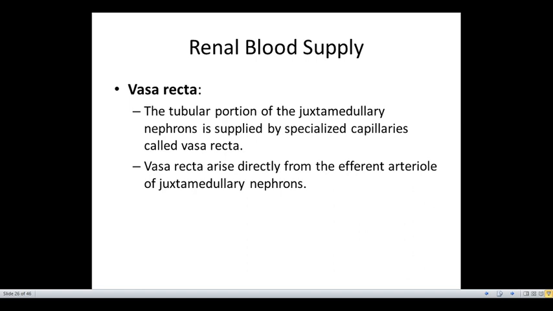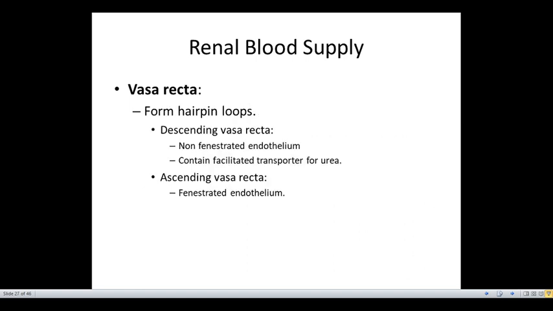The vasa recta also arise directly from the efferent arteriole of the juxtamedullary nephrons. The vasa recta have a peculiar structure.